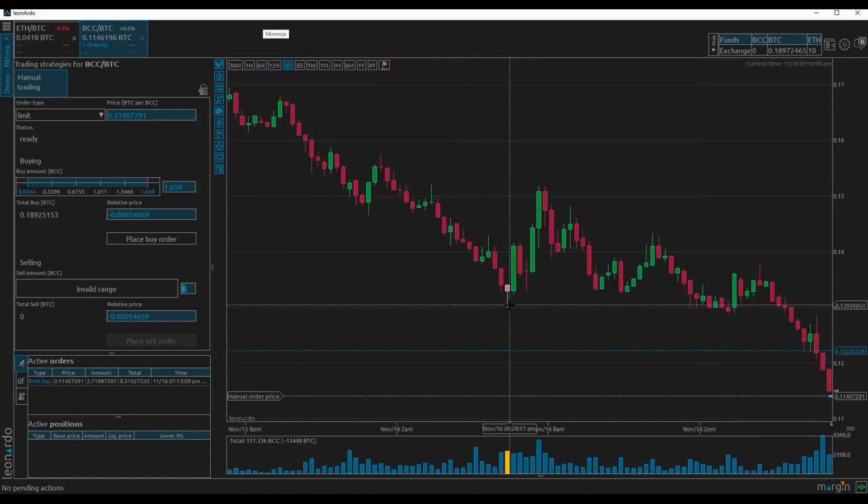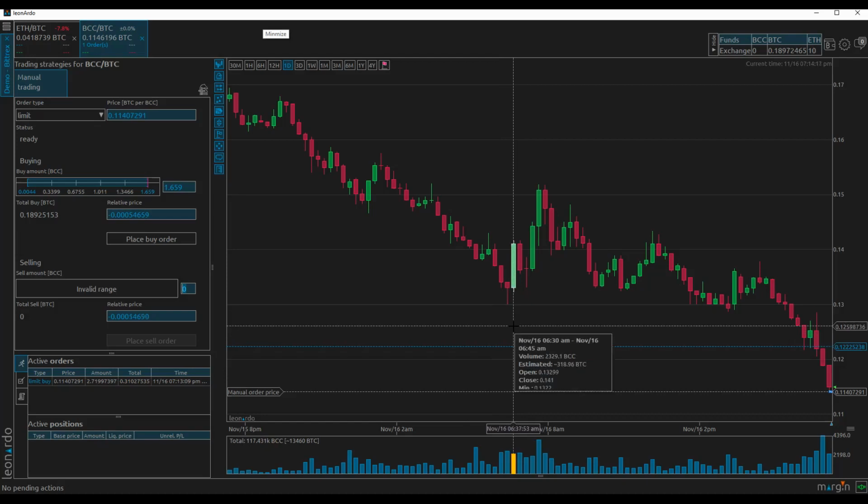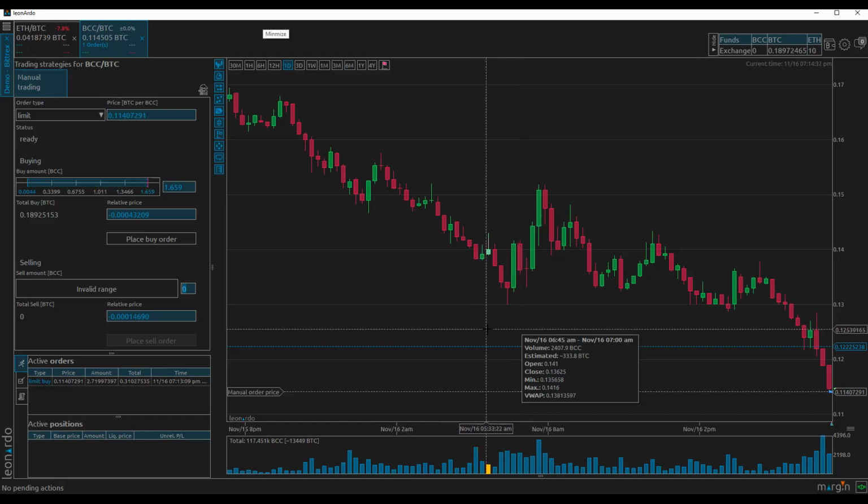Now, if you want to know what the time is for each candlestick, one way to do it is you put your cursor on it, and it will pop up this little window here that will tell you that it goes from 6:45 a.m. as you can see to 7 o'clock. So this is a 15-minute candlestick. So that's how you figure it out.